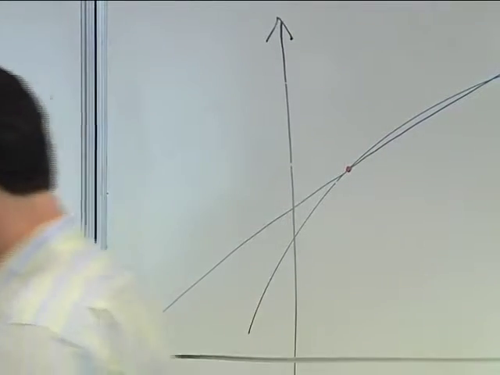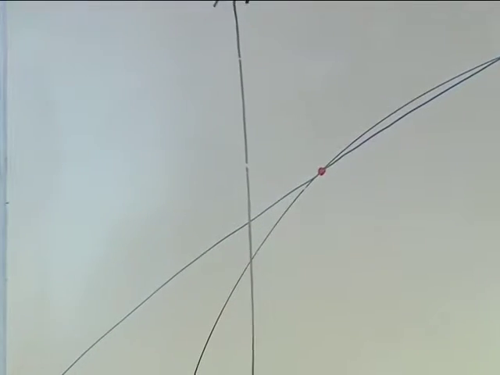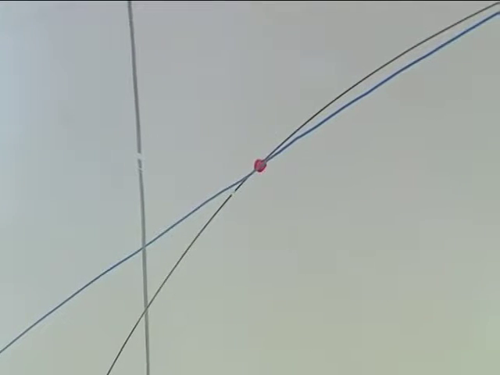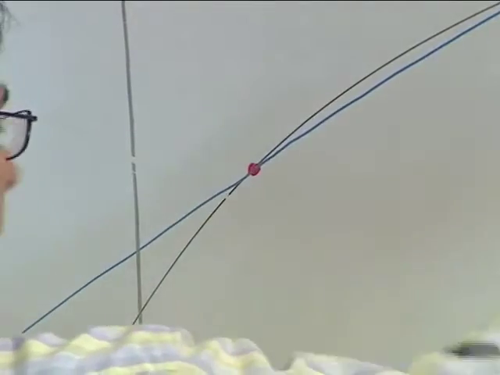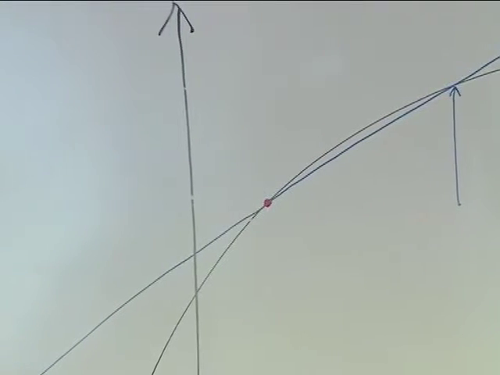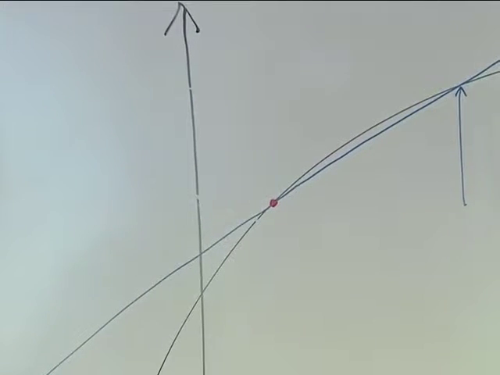Now that's a secant. And in the picture I drew, you'll notice the following. It cuts the black line somewhere else as well. It cuts it here. Now that's not tangent.